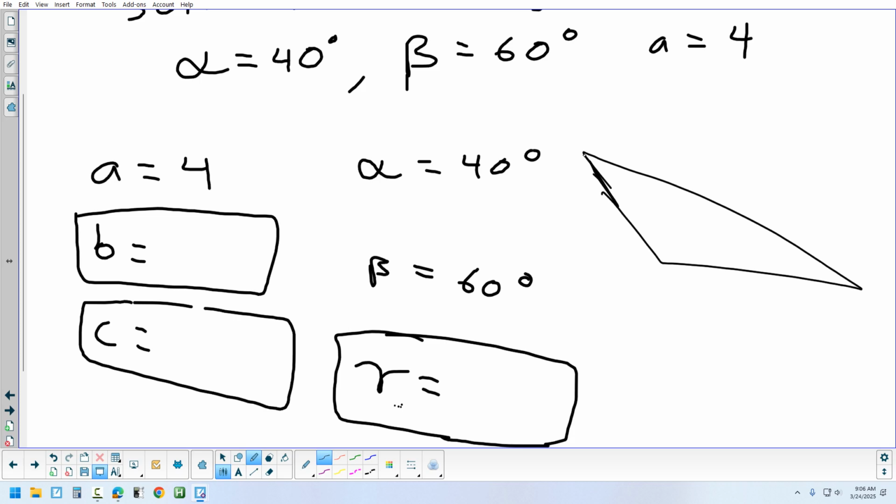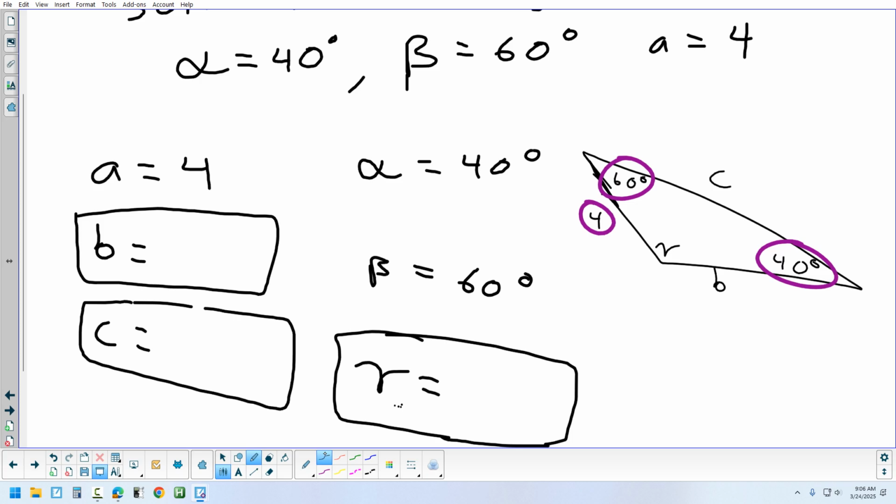That's all it's for. So we've got A, and we need to put that across from alpha. We've got B, and that needs to go across from beta. So B 60, C, and gamma. So those are the 3 pieces of information that we have right there.